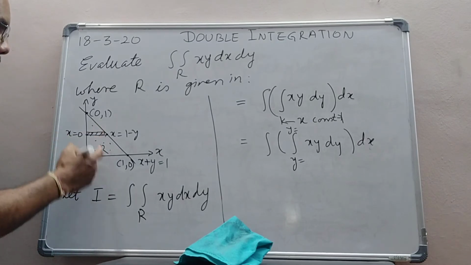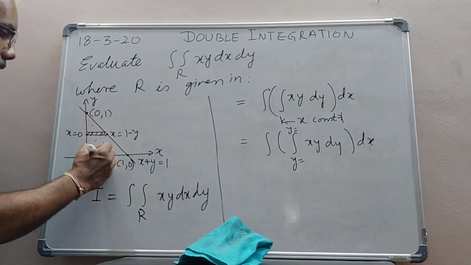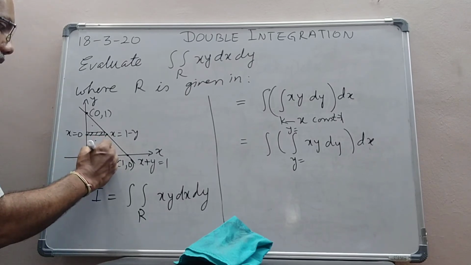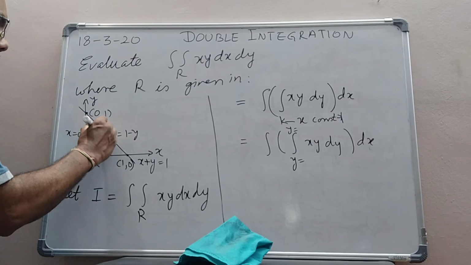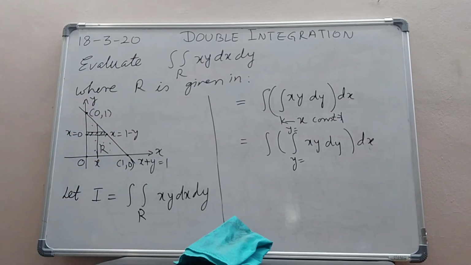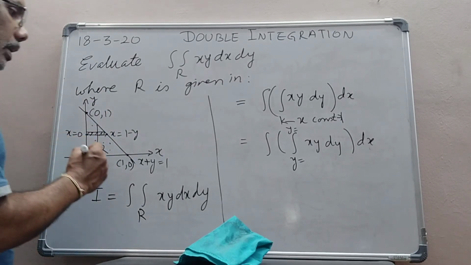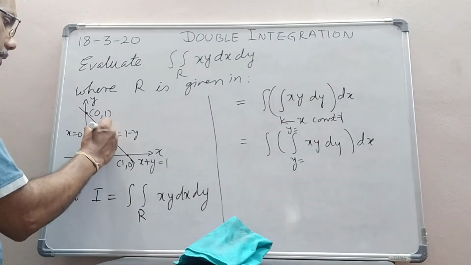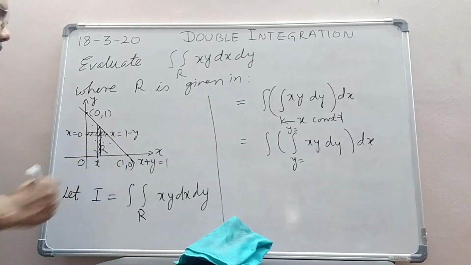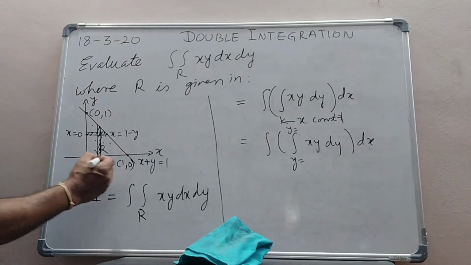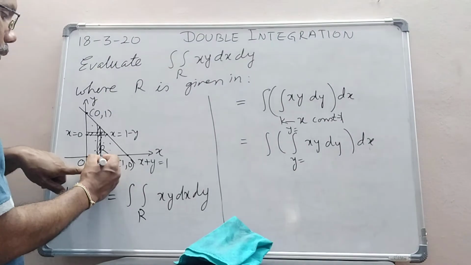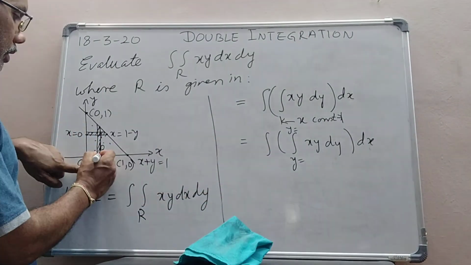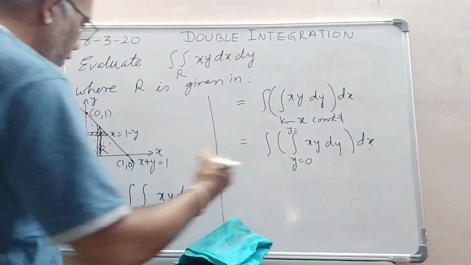So what I do is, in this particular region, you fix an x. Suppose I fix x over here, x is fixed, and x is going to be a constant along this line. You are looking at a small thickness, a strip parallel to the y-axis. The lower limit for y is going to correspond to the value y equal to 0.